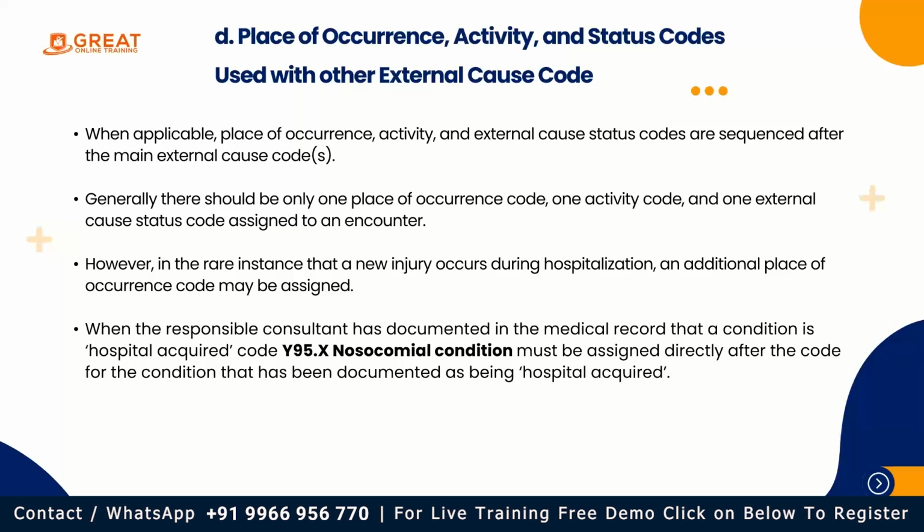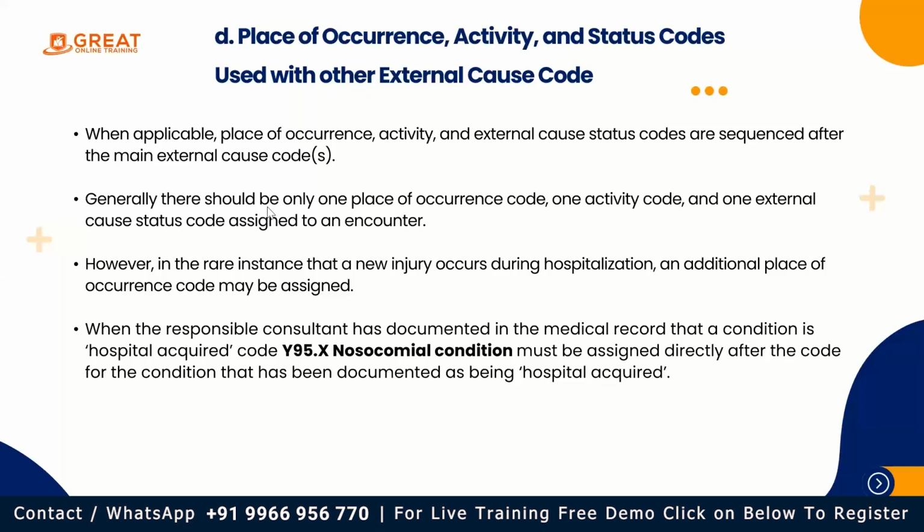That is the main external cause code. And in that scenario, if the activity of that patient during that time or the place of occurrence is mentioned, we have to code it. But we have to use the code for place of occurrence and activity after the code for insect bite.